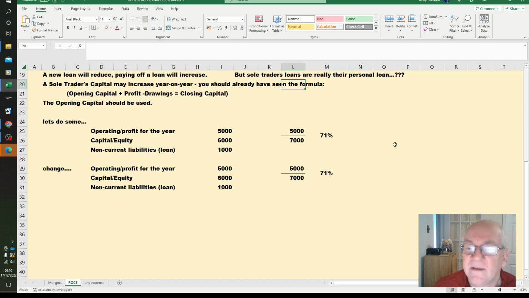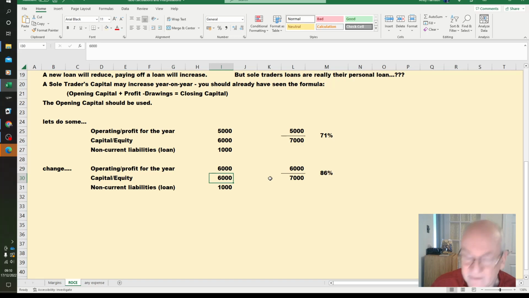We've got some fairly straightforward numbers here. We've made a profit of £5,000. Doesn't matter whether this is the sole traders or limited companies version. Capital equity of 6,000 and a loan of 1,000. That gives us 5,000 over 7,000 times 100 is 71%. If we make a bit more money, the ROCE goes upwards.